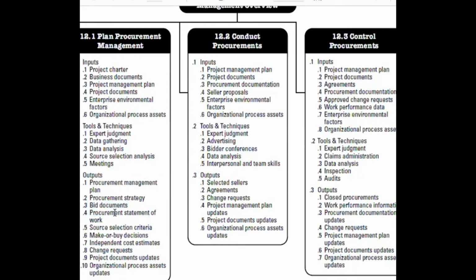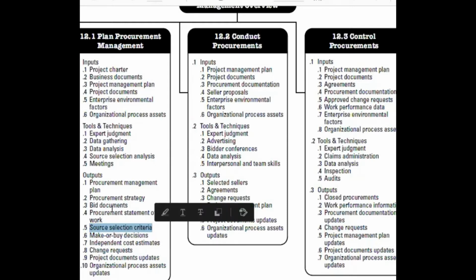But to whom, or to which type of sellers, will you issue the bid documents? You will establish a source selection criteria that for this type of project, I need only Aramco verified sellers, or I need Sabic verified sellers, or I need Marafiq verified sellers. So you will establish the criteria that for this type of project, which type of sellers can submit the bids.